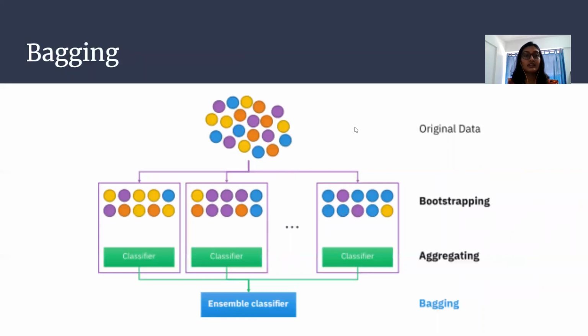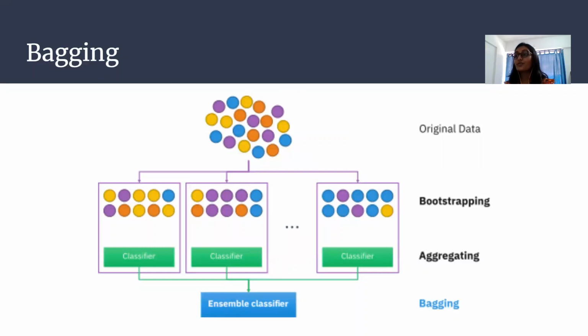Now, let us learn about bagging because that is something our random forest classifier is using. Bagging, also known as bootstrap aggregation, is the ensemble technique used by random forest. Now, bagging chooses a random sample from the dataset. Hence, each model is generated from the samples provided by the original data with replacement, known as row sampling.